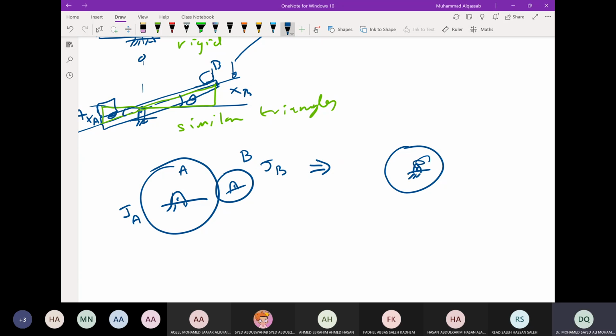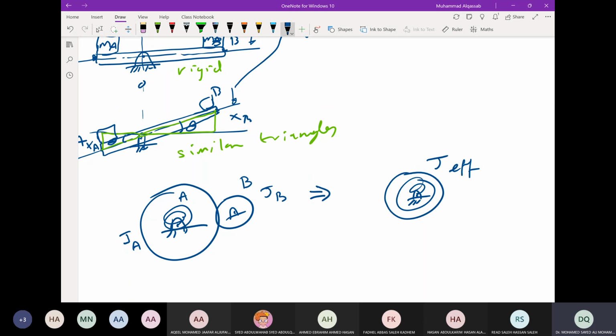If you have a shaft here, then this will be just J effective. Instead of JA and JB, you have J effective. Here you can also have J effective or M effective if you find it in terms of XA or XB.